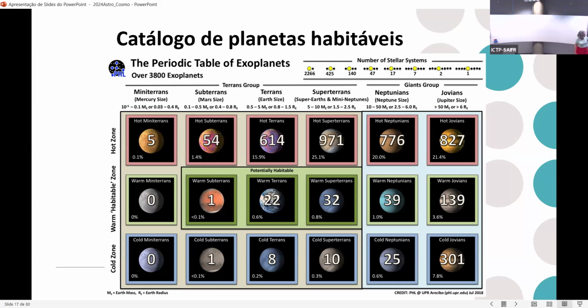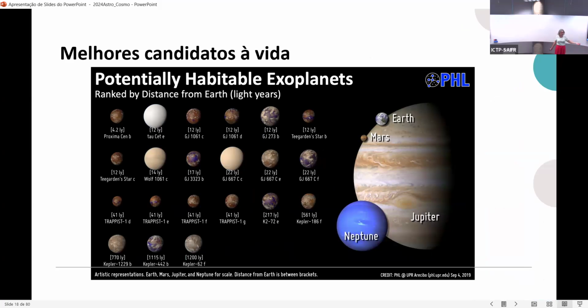What I want to show here is this rectangle where you have terrestrial planets with the right amount of radiation that can have liquid water. As far as warm Earths, we have 22, but we have 55 in total as of 2018.